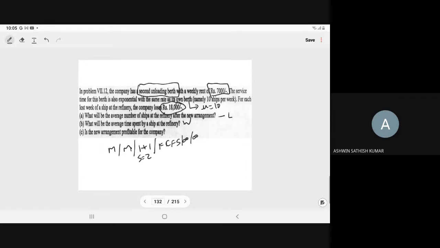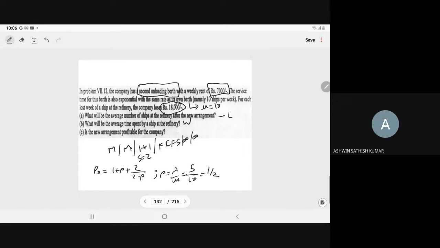So we know P naught. First we have to compute P naught. P naught is 1 plus rho plus rho square upon 2 minus rho, when we have S is equal to 2. And what is rho? Rho is equal to lambda upon mu, and lambda is 5 upon 10, that is 1 by 2.